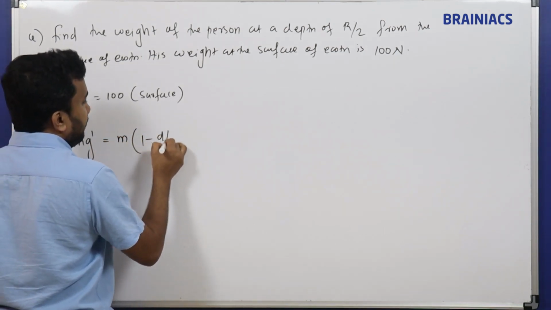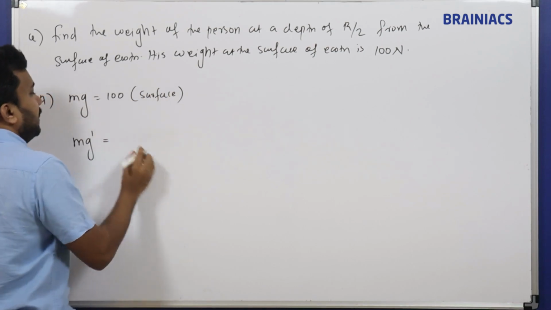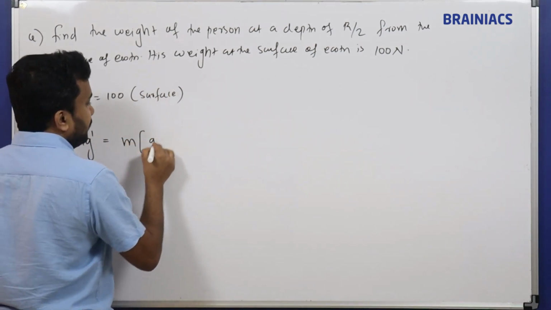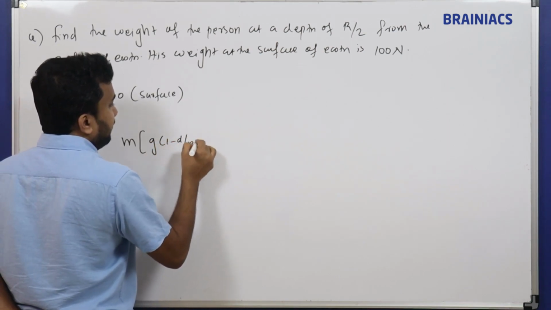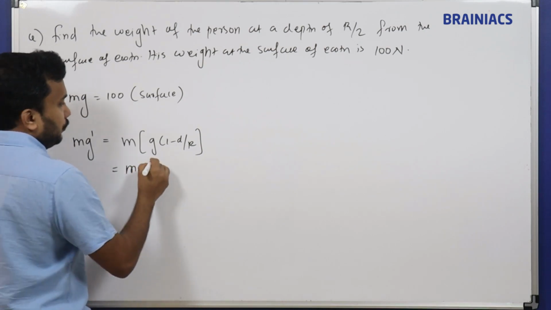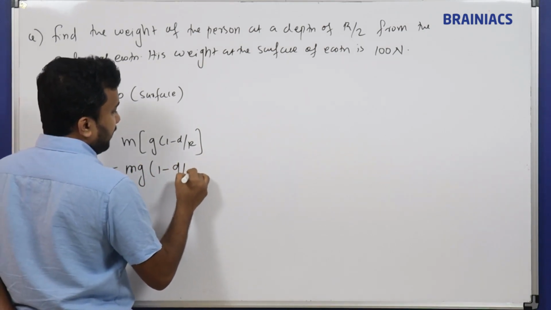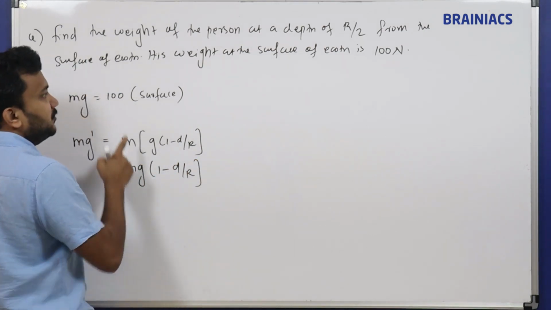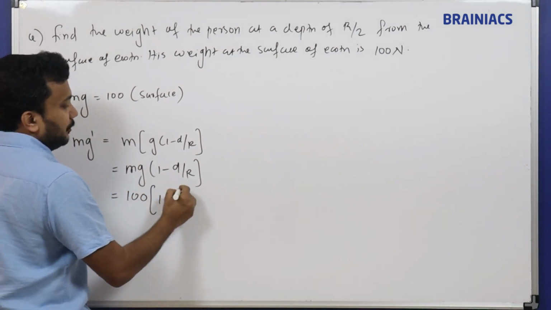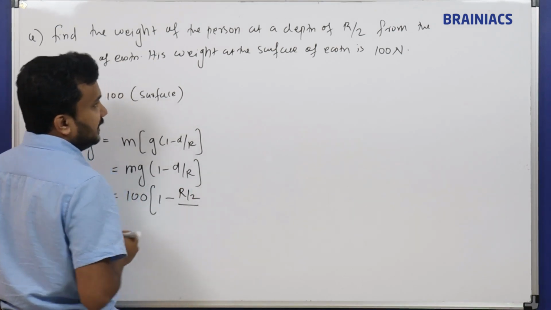g dash is g into 1 minus d by R. So mg dash will be equal to m into g dash, which is mg into 1 minus d by R. We know mg is the weight at the surface, 100, into 1 minus d by R, at a depth of R by 2. So d is R by 2.